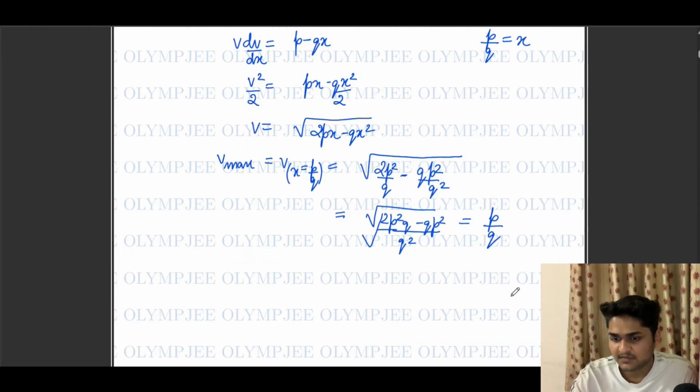So we get the maximum velocity as p by root q, and now we find the maximum distance.